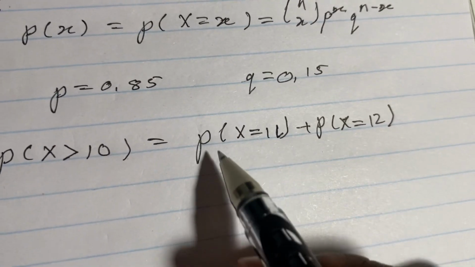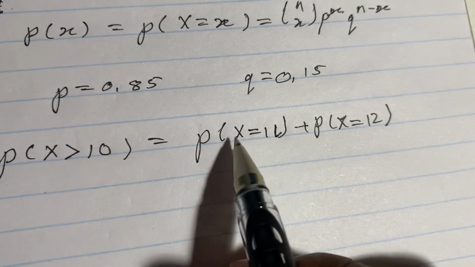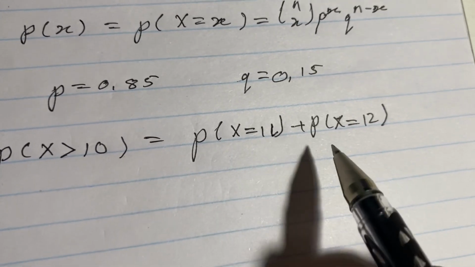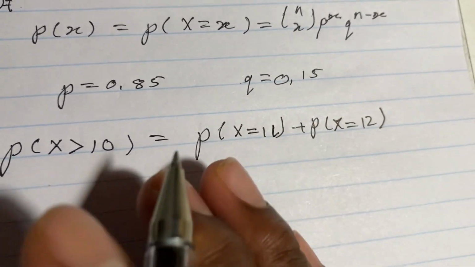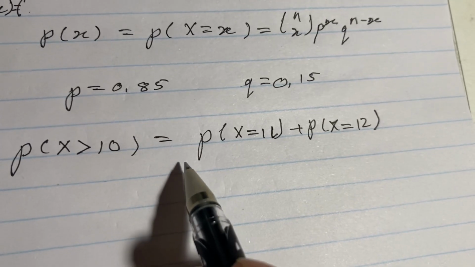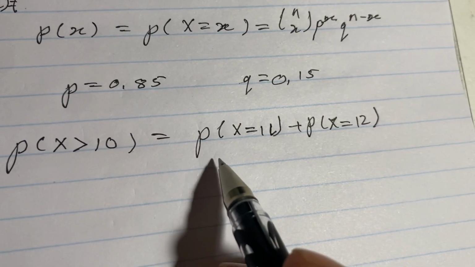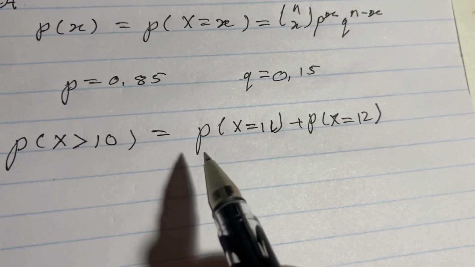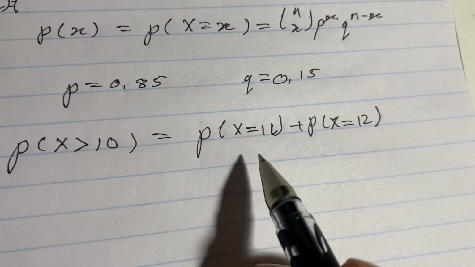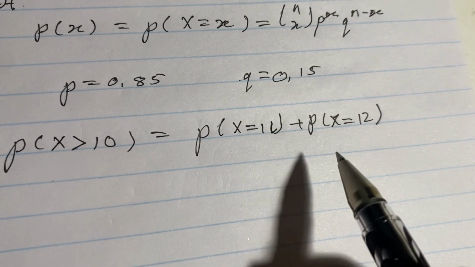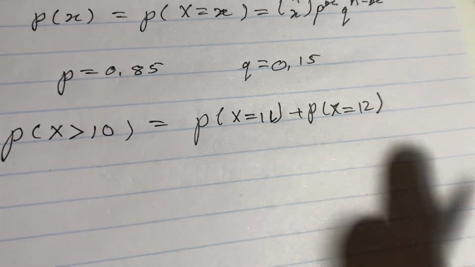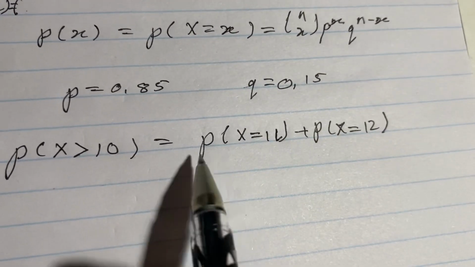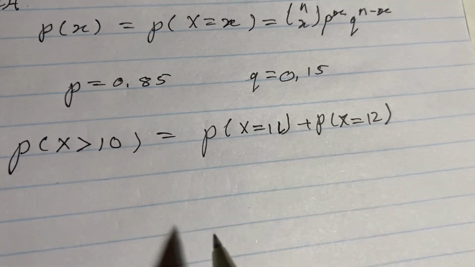Or, if it's too long going this side, we can use the complement: 1 minus the sum going down, 9 plus 8 plus 7 plus 6 plus 5 plus 4 plus 3 plus 2. But we're not dealing with that because this side is shorter, so we just work with this one.